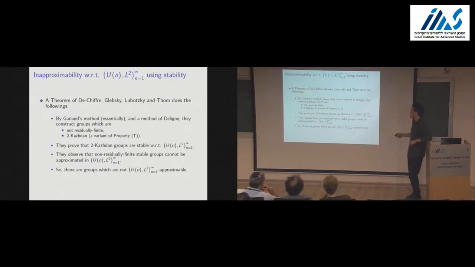Then a simple observation is that if I have a group which is stable in this sense and not residually finite, it cannot be approximated by matrices with this norm. So it's a theorem about the existence of groups which cannot be approximated in this norm.